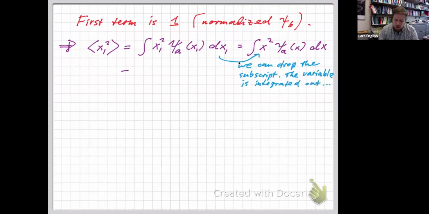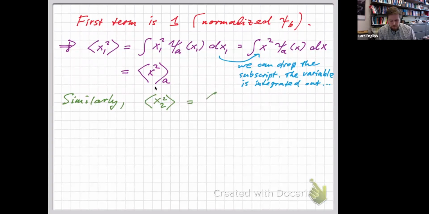Now this here is nothing other than the expectation value of x squared relative to the single particle wave function psi sub a. So we're going to denote it like this: x squared in these brackets with a subscript a. It's the expectation value of x squared relative to a single particle wave function psi sub a.